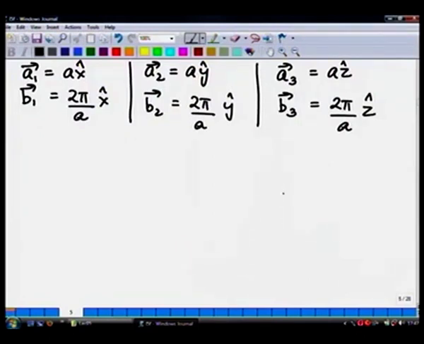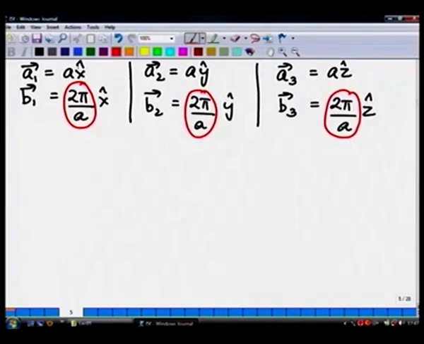So now you can see by analogy what kind of lattice it represents in reciprocal space. Just like A1, A2, A3, B1, B2, B3 are 3 vectors, and they have the same form as A1, A2, A3, except that instead of a in the front, we now have 2 pi by a.